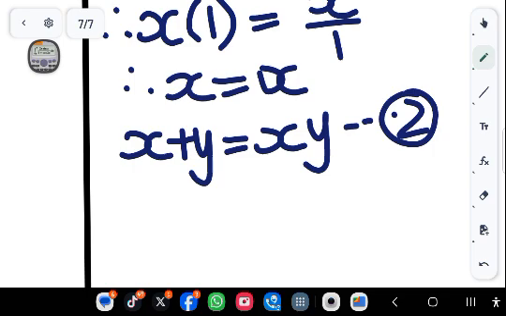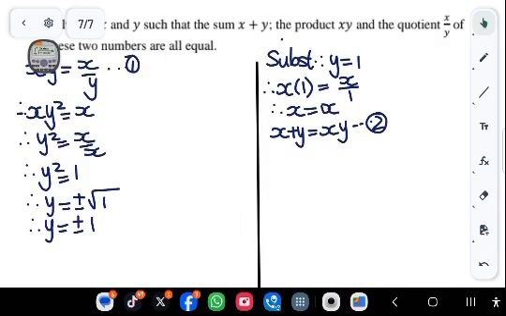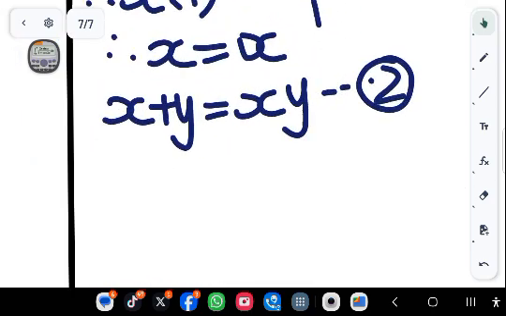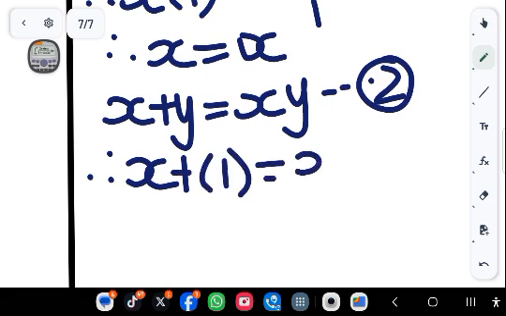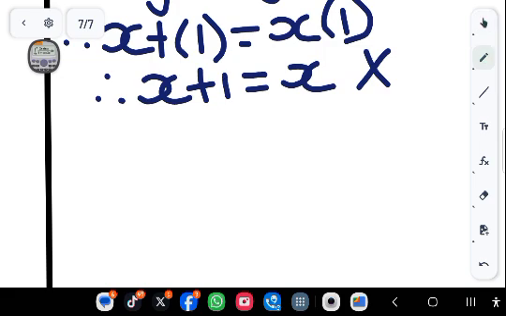All right, let's see. x plus 1 equals x times 1. x plus 1 equals x. No, this is invalid.